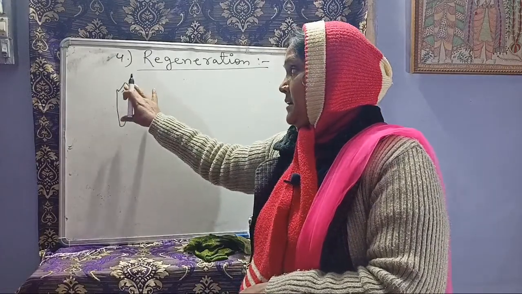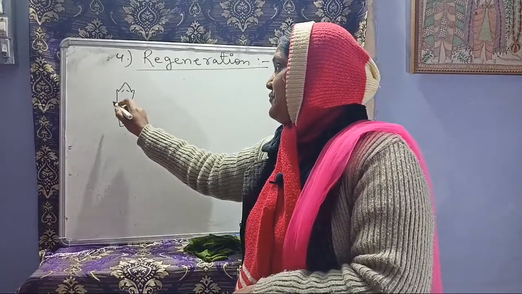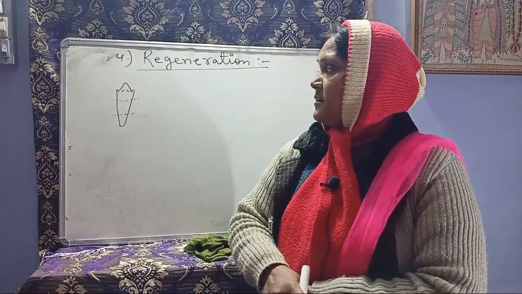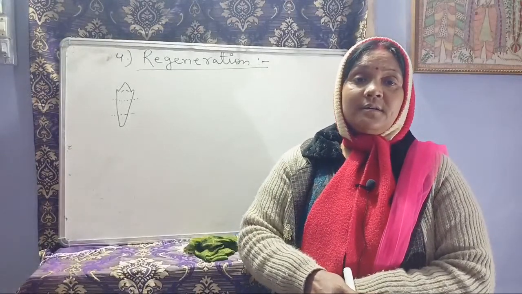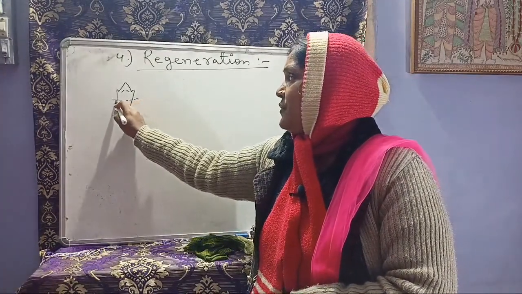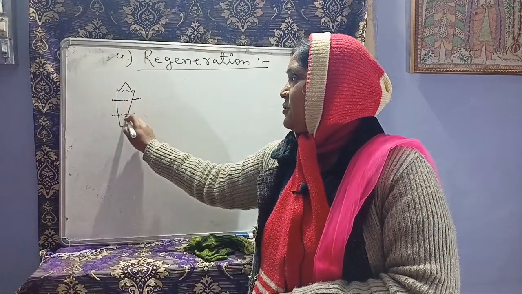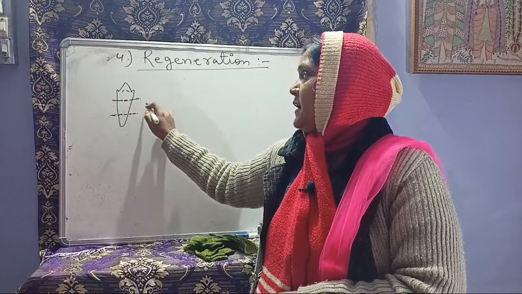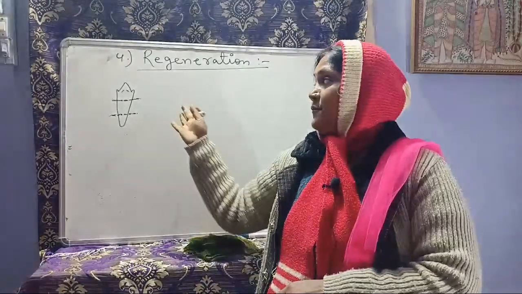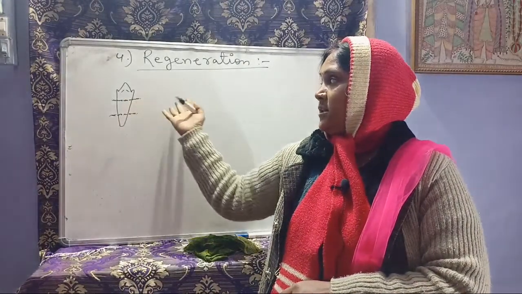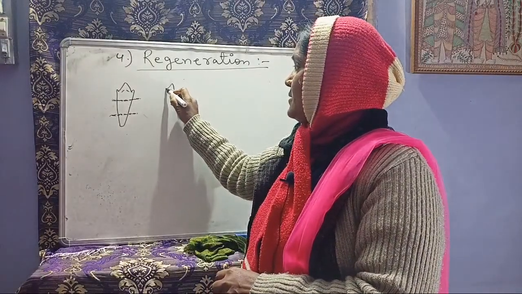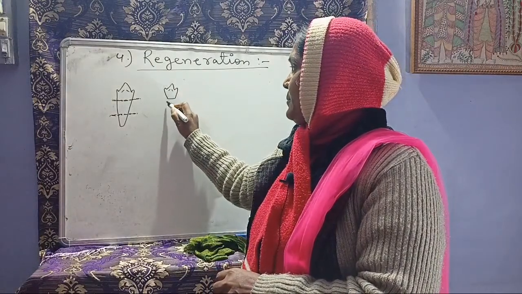Planaria is a worm. It has a muscular body, and if at some place its body part is lost, lost due to death of cells of this region, automatically planaria is converted into three parts.